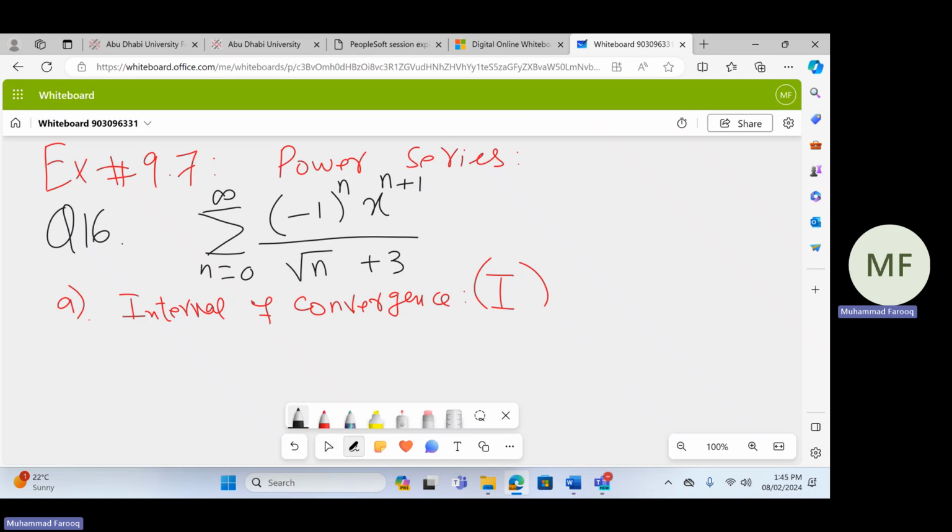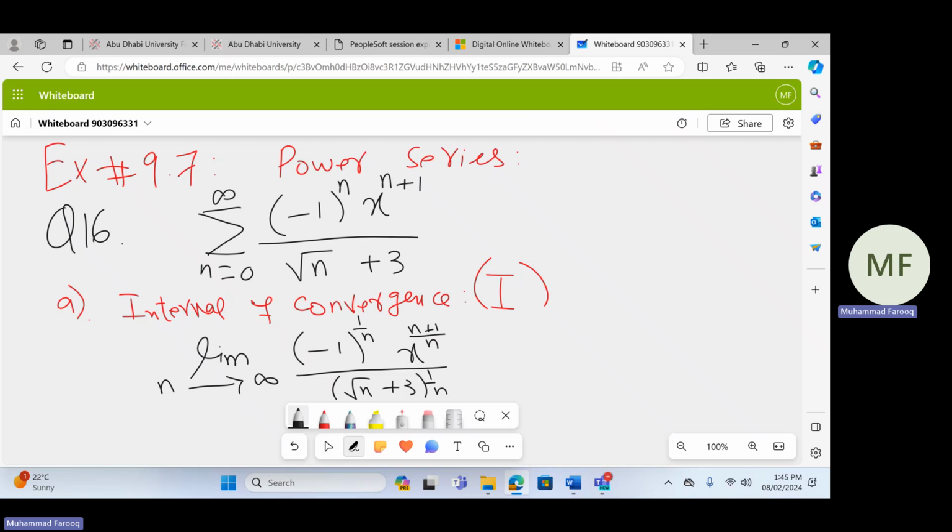So if you apply the root test here, limit n approaches infinity. Basically, I am applying the nth root everywhere, because I have a numerator and a denominator.